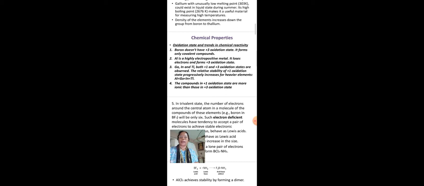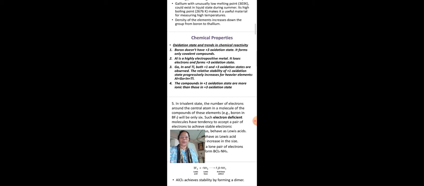In gallium, indium and thallium, both +1 and +3 oxidation states are observed. The relative stability of the +1 oxidation state progressively increases for heavier elements. Thus, Al < Ga < In < Tl.